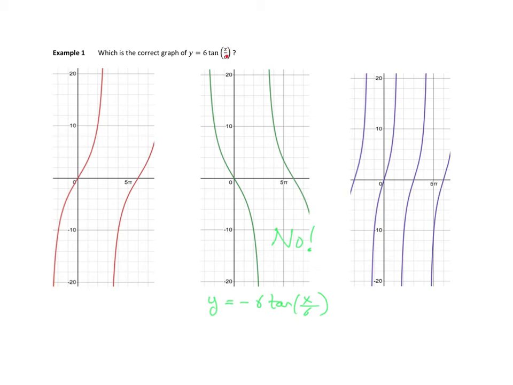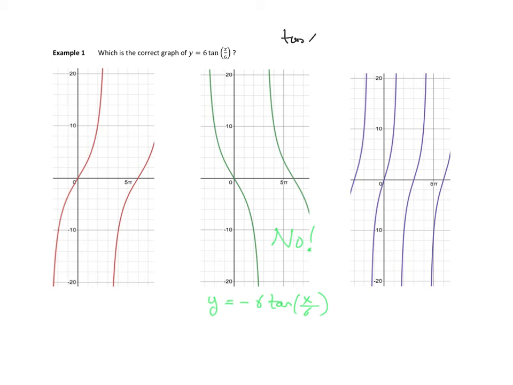Okay, in x over 6, this is changing the x values, and it doesn't divide them by 6. It actually multiplies them by 6. If we change the x's, it'll have the opposite effect. And if I remember, tangent was equal to 0 at 0, so that's true for this graph and for this one. I remember the vertical asymptote of tangent was at pi over 2. So maybe I'll just make note of this.